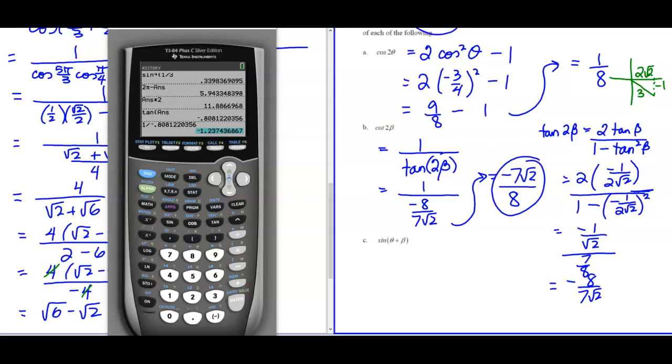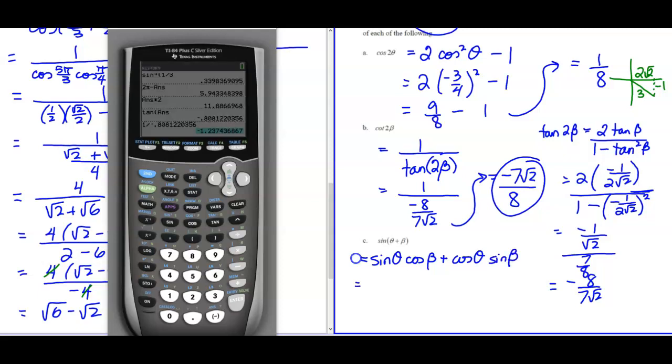Okay, so sine theta plus beta. Sine's not too bad, right? Sine theta, cos theta. So some of these you do know.